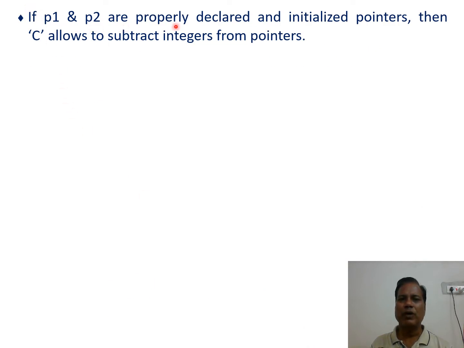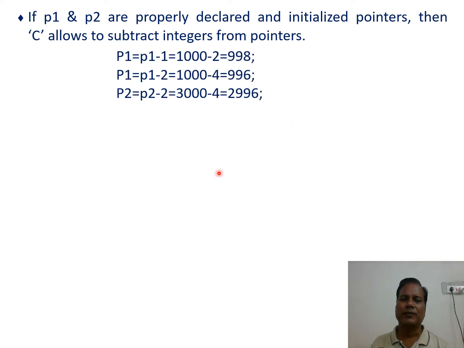If P1 and P2 are properly declared and initialized pointers, then C allows subtracting integers from pointers like this one. P1 equal to P1 minus 1, and when we subtract this one we get 1000 minus 2, that is 998.